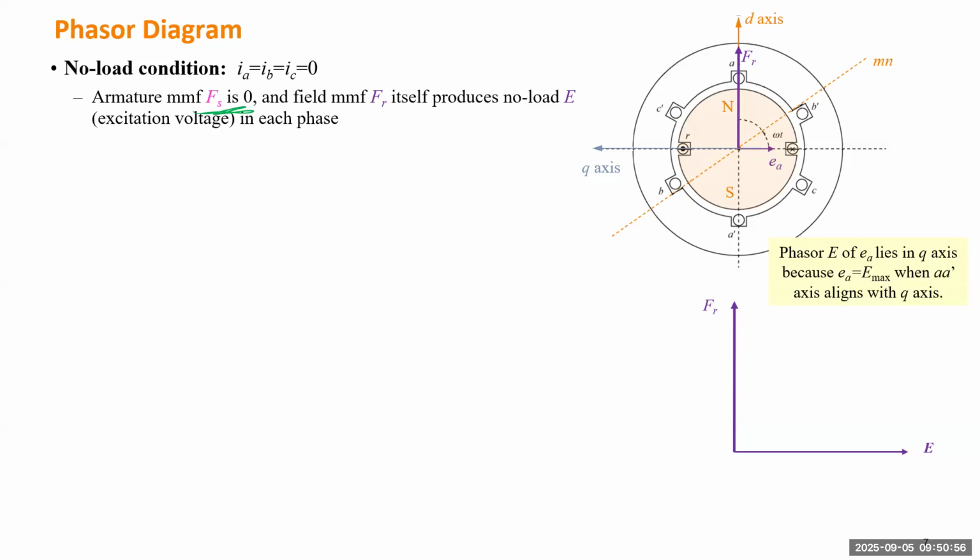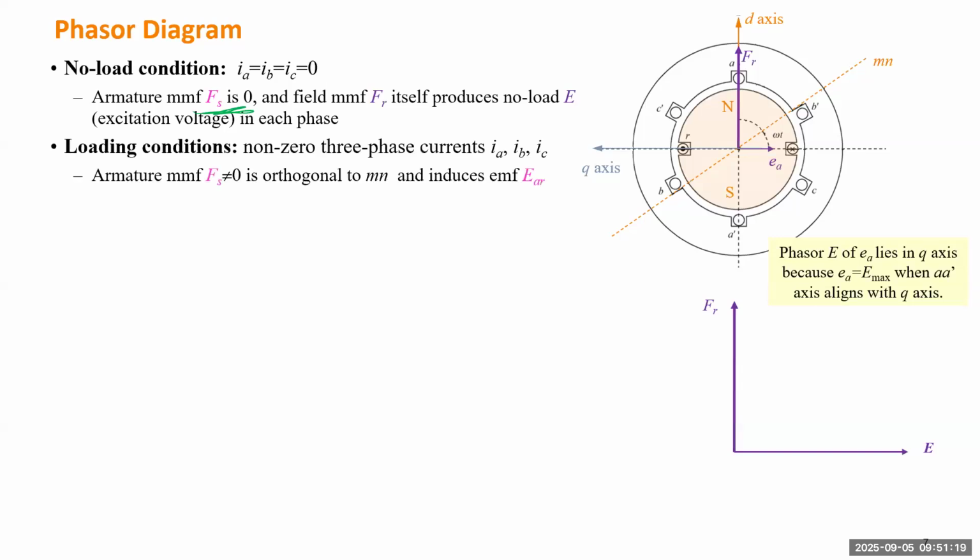So EA is in the direction of the Q axis because this phase A voltage reaches the maximum value when the axis of A is aligned with Q, in the horizontal direction. We have explained that in the previous slides. So we have the two phasors, FR and EA.